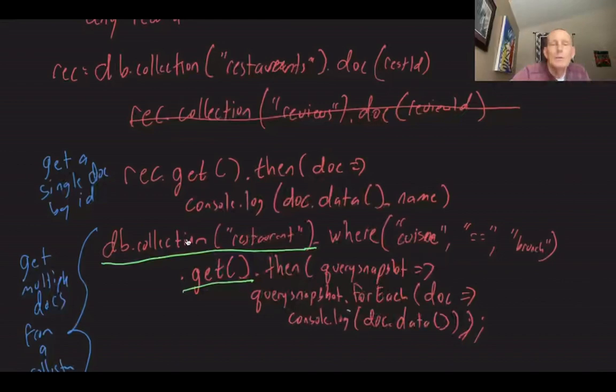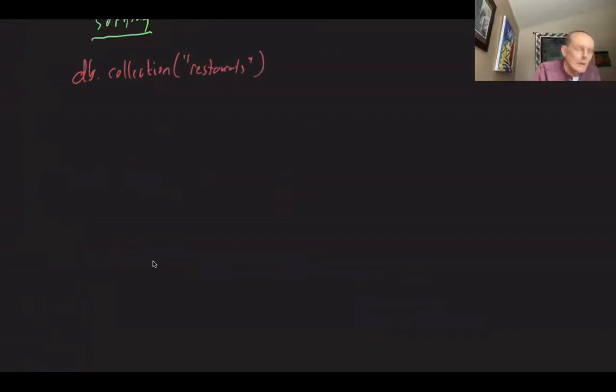And then we also have an option of sorting. In the sorting case, you would do ordering. So basically, if you want to do sorting, you would do some sort of a collection. It's top level db.collection, .restaurants. We can put in any number of where clauses, and then we can, at the end, add in an orderBy.